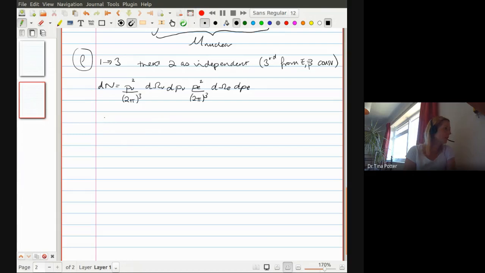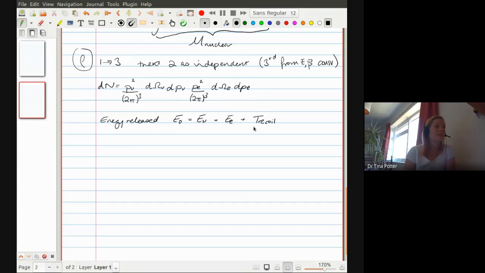The energy released is going to go into the kinetic energy of our final state products, our electron, our neutrino, and our final state nucleus. So this energy released is going to be the neutrino energy, the electron energy, and also any recoil from the nucleus.